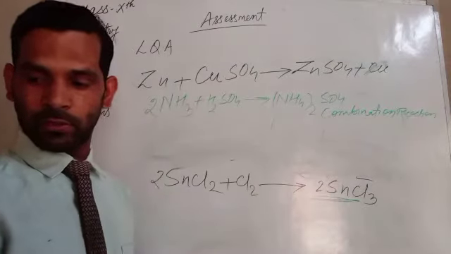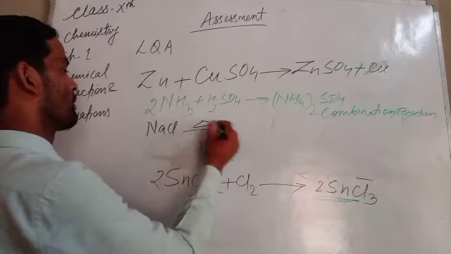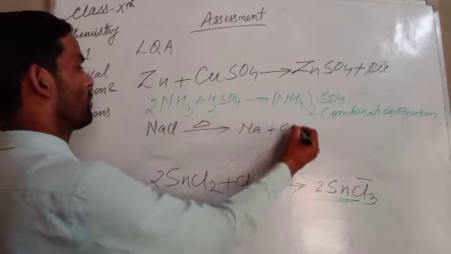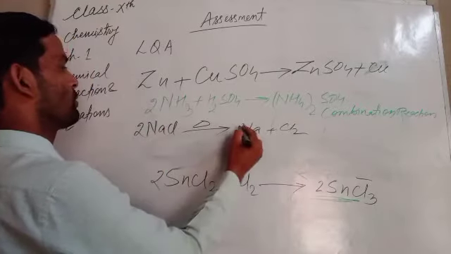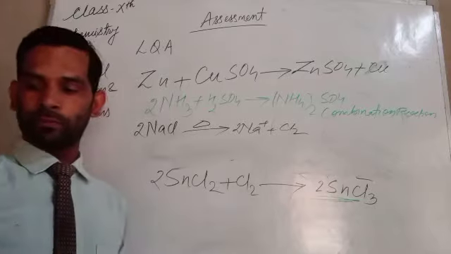The next one is sodium chloride. When heated, this will form sodium plus chlorine. 2 amounts of sodium and chlorine will form.